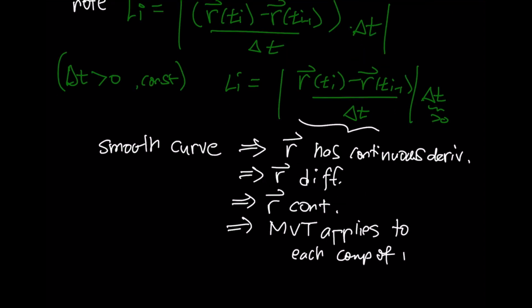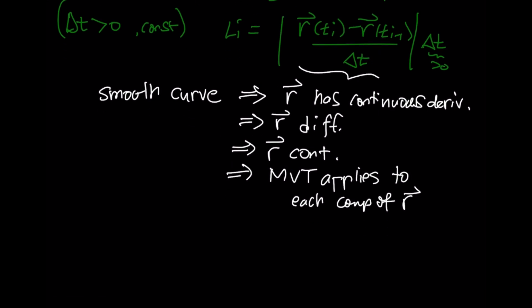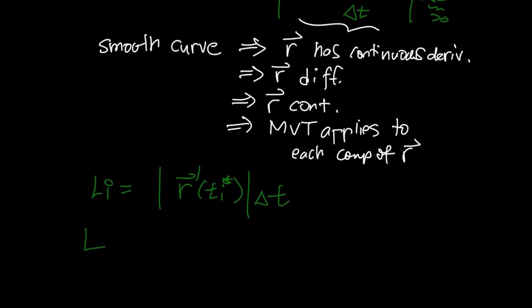So according to that, I can rewrite this Li as r prime at some ti star times this delta t. And so the total length is then approximately the sum, I equals 1 to n, of all of these individual lengths, which is essentially the sum, I equals 1 to n, of the length of this r prime at ti star vector times delta t.